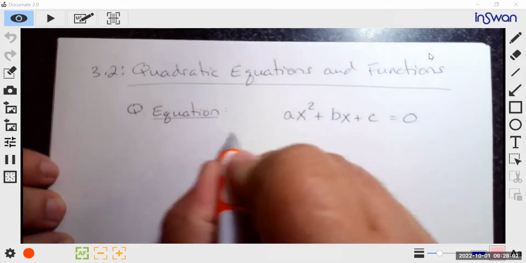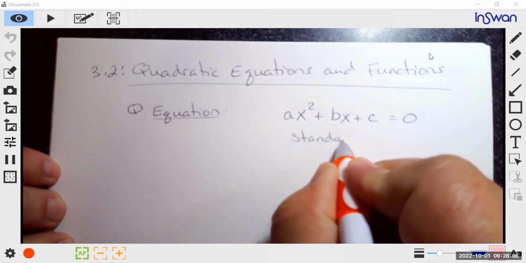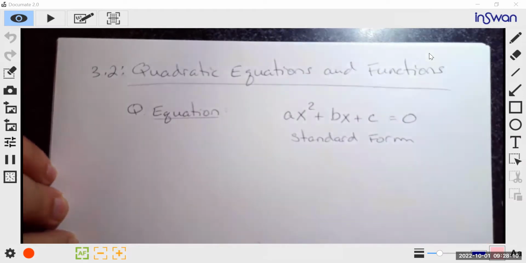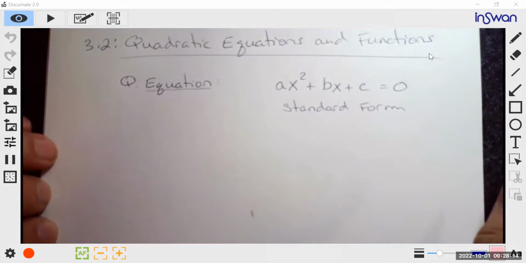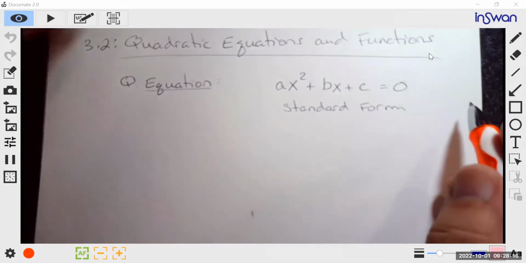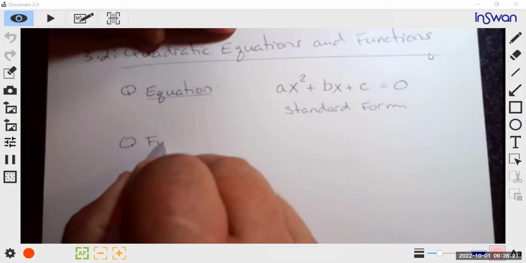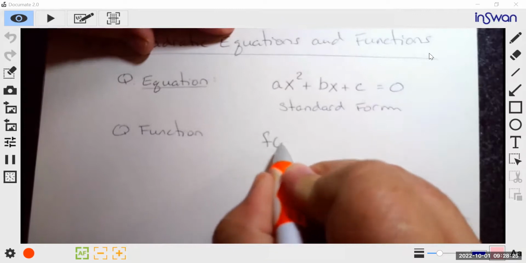This is called the standard form of a quadratic equation. So whenever you solve quadratic equations, you have to set it equal to 0 before you do anything. Then the quadratic function looks like this.